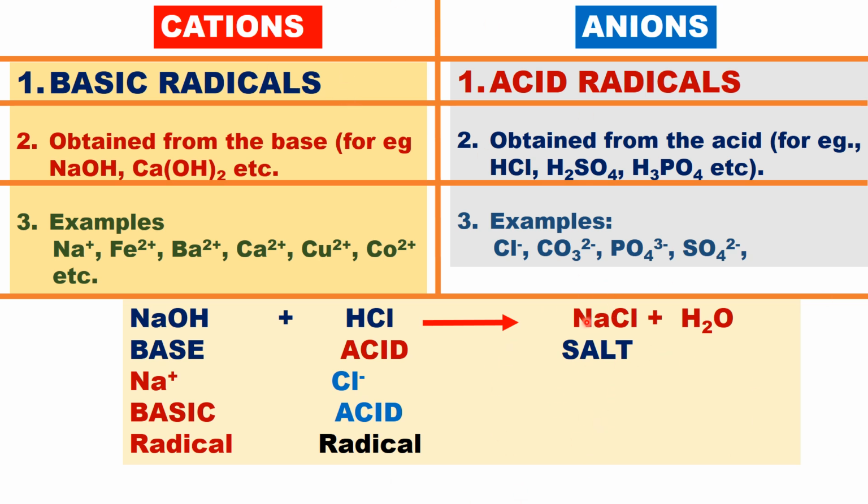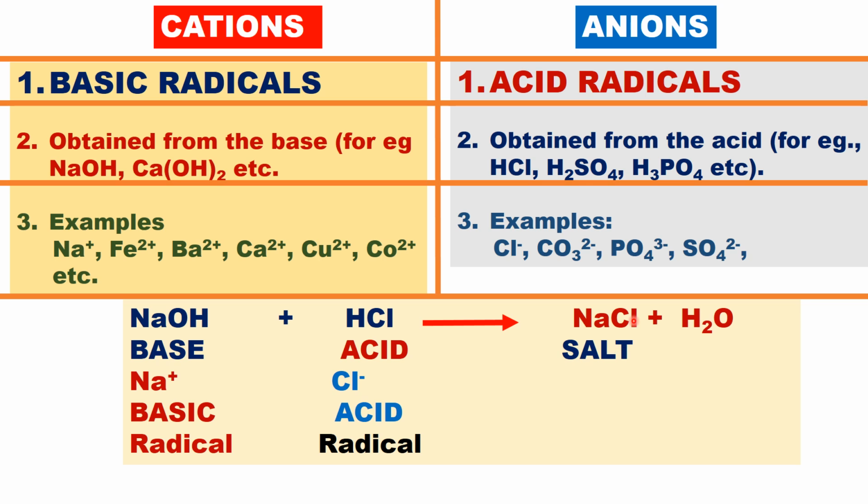The positively charged ion, Na+ ion, is called a cation. The negatively charged ion is called an anion. Cations are called basic radicals, and anions are called acid radicals. Why? Because Na+ is obtained from a base, so Na+ is called a basic radical.